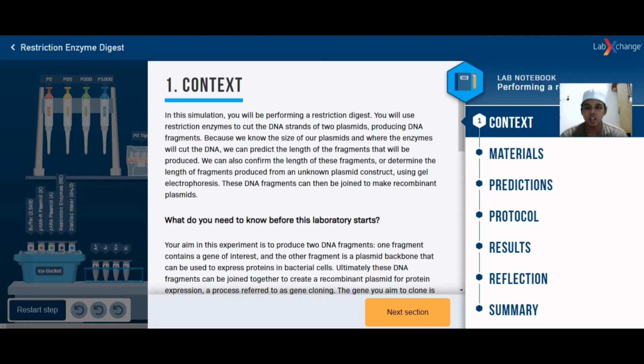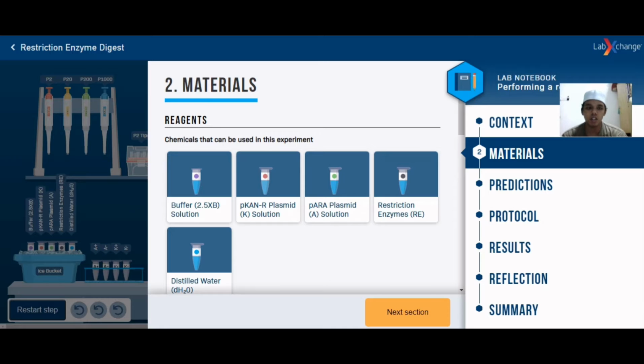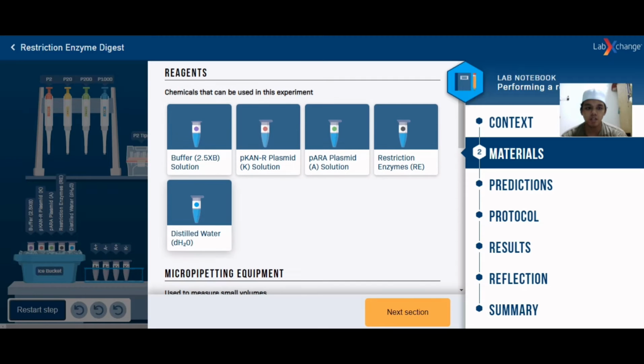In this simulation, the materials we need to use are first the reagents. The chemicals used in this experiment are buffer 2.5xB solution, pKNR plasmid K solution, pARA plasmid A solution, restriction enzymes RE, and distilled water dH2O.